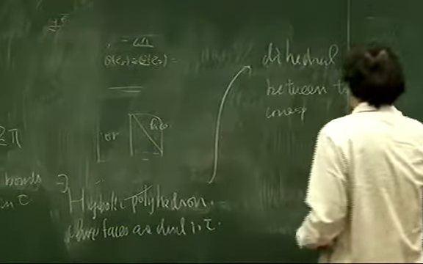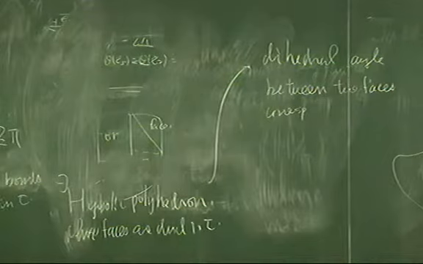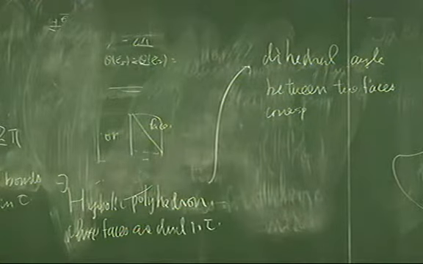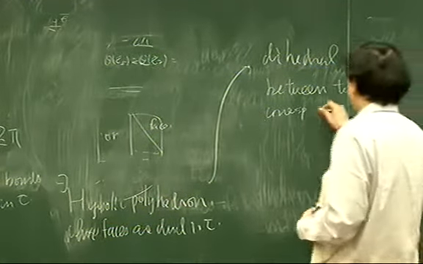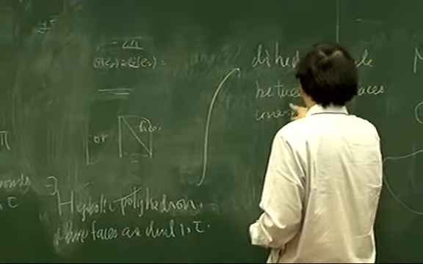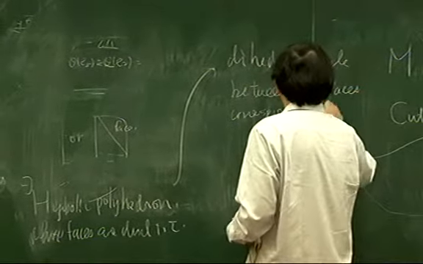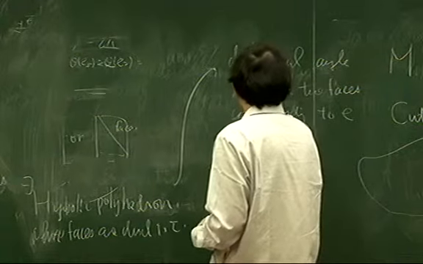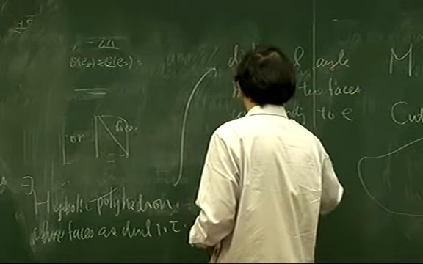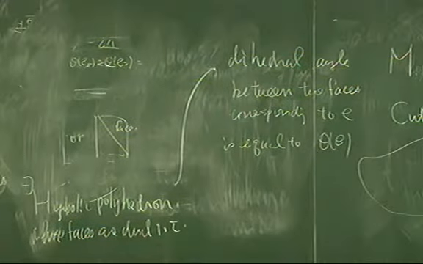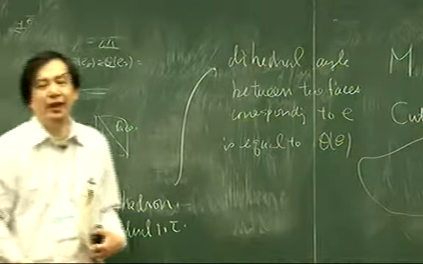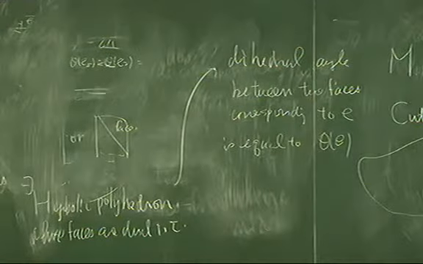So each edge of tau corresponds to some two adjacent faces. The dihedral angle between the two faces corresponding to E is equal to theta of E. So this angle data theta is realized as a dihedral angle of the hyperbolic polyhedron. That's what Andreev's theorem says.